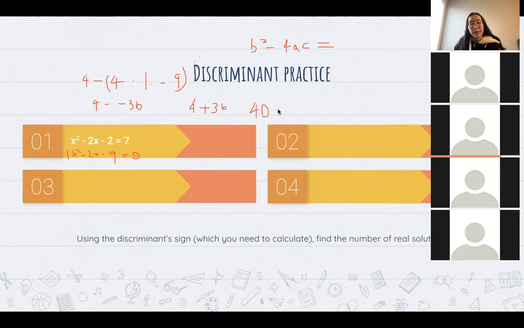So since it's positive, I think that actually means there's going to be 2 roots. Oh wait. Okay, I think I did do something wrong. Minus 4ac, you've got to be careful with the negatives.